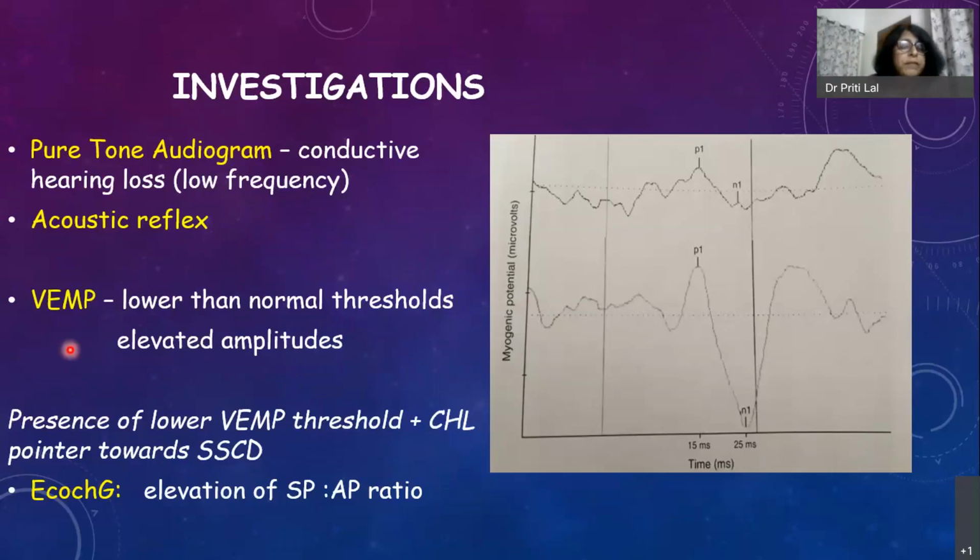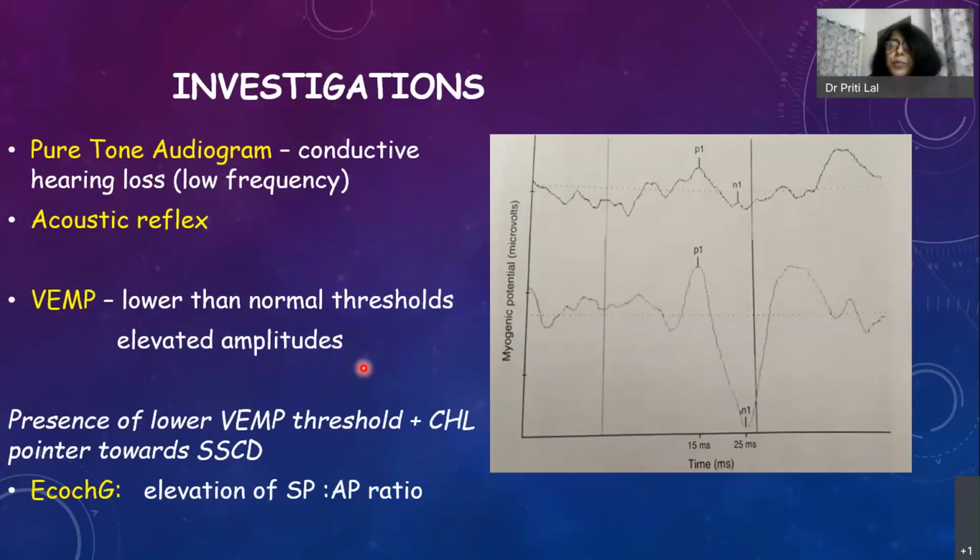Then the vestibular evoked myogenic potentials, or the VEMPs, also help us in diagnosing these dehiscences. Now, under normal circumstances, when a patient is exposed to a 500 Hertz tone burst stimulus, the myogenic potentials are generated because of stimulation of the utricle and the saccule.